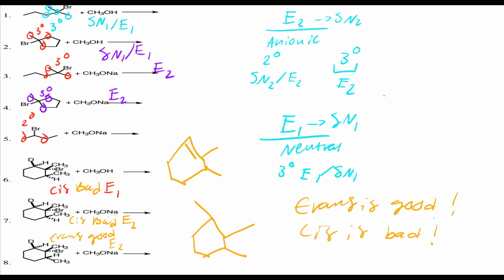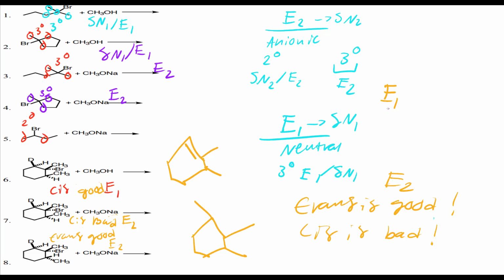And it's even more important for you to know that for E1, cis is bad for E2, but cis is good for E1. So this is for E2.